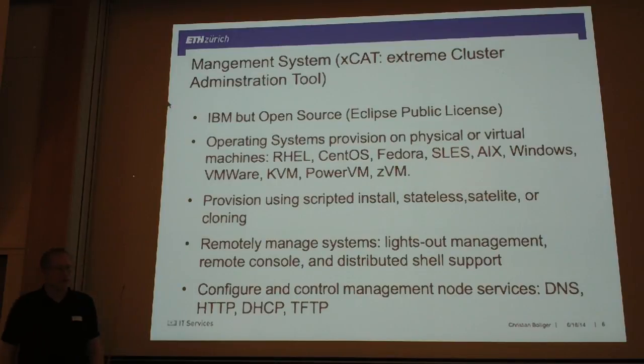So, speaking about management system, this has to do with the cloud. XCAT, or XCAT2, is an administration tool which has been developed by IBM in the early phase for AIX, and then it has been enlarged for the famous Roadrunner cluster in Los Alamos, and the National Lab put a lot of code in it, but they demanded that IBM put it open source since public money is in it.